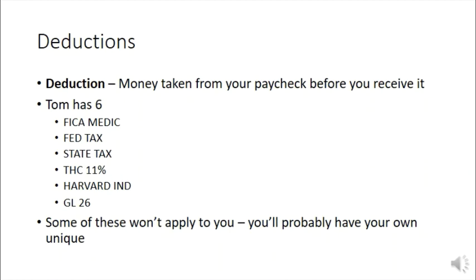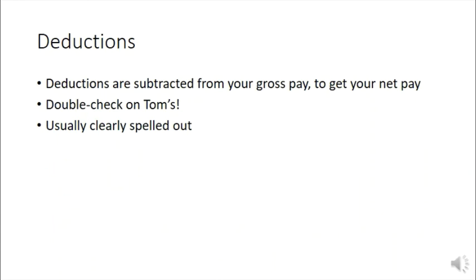Some states don't have state income tax, notably Florida and Texas. But as we are calculating our own personal budgets, it'll be useful to explore what some potential deductions are. Deductions are subtracted from your gross pay, the amount that you are earning before these deductions, and that's how you get your net pay. And usually, these deductions are clearly spelled out.